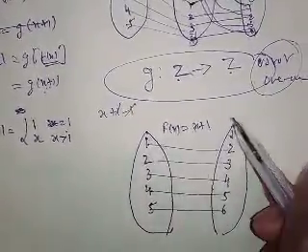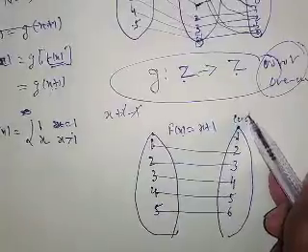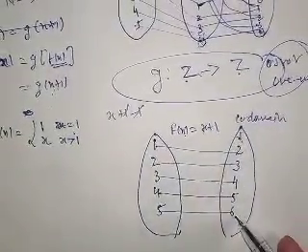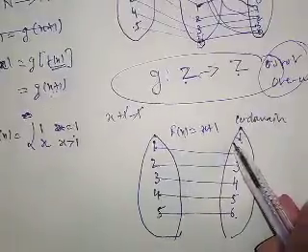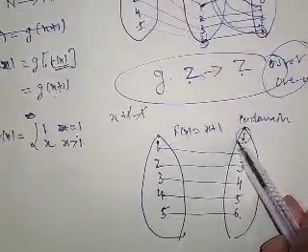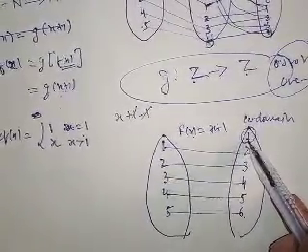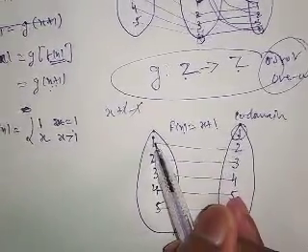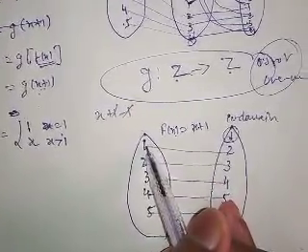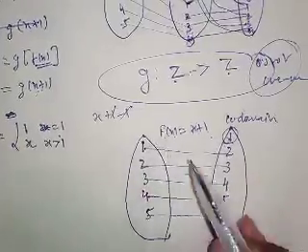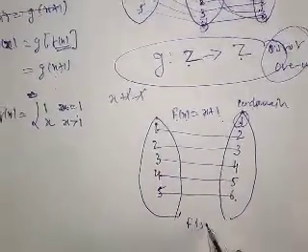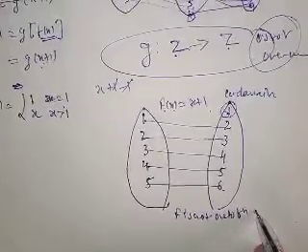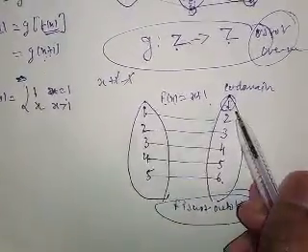For onto function, all the elements in the codomain should be exhausted. Here we find that the element 1 in the codomain does not have any image in the domain. So f is not an onto function.